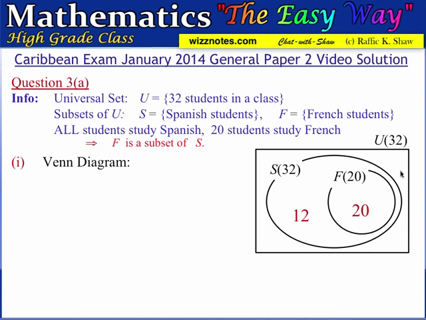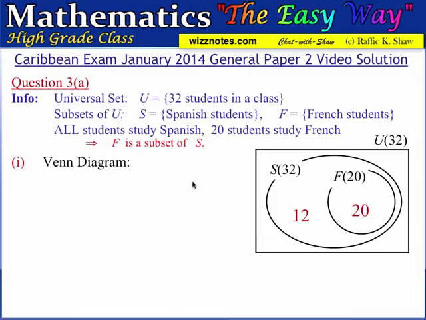Now this is one way that this Venn diagram could be represented, but we could also use a representation whereby we use the Spanish set as a universal set. Since all the students in this universal set study Spanish, we could use the Spanish set as the universal set.